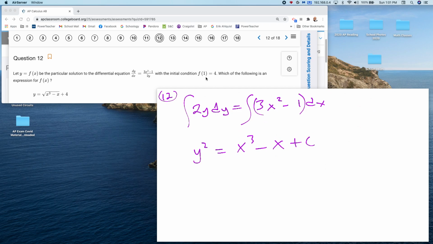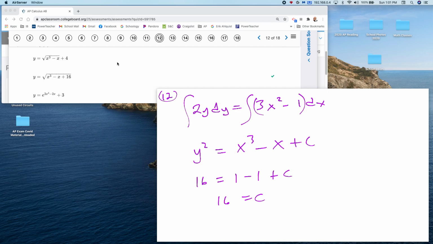Now let's put in this point, 1, 4. So let's go in and plug this in, and we plug in 4. So 16 is equal to 1 cubed minus 1 plus c. So c is equal to 16, right?